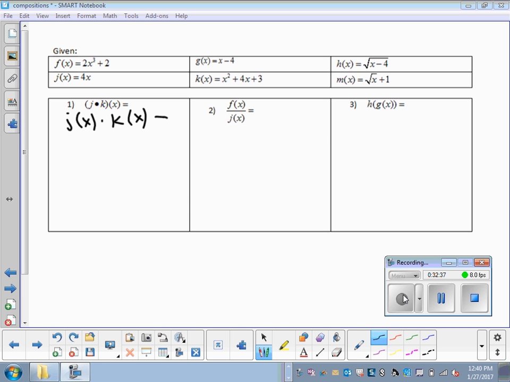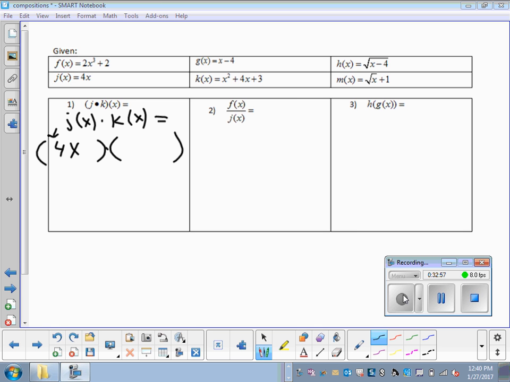Okay? So just rewrite. Every time rewrite without this dot, so you're not confused about what you're doing. So now I have two functions to multiply. I'll have parentheses for the first one and parentheses for the second one. In the first parenthesis, I'll have the expression for j of x, which is 4x.